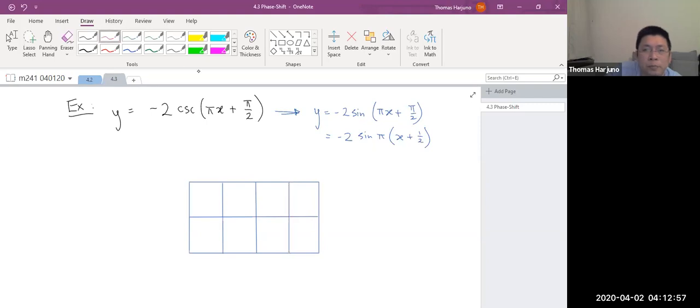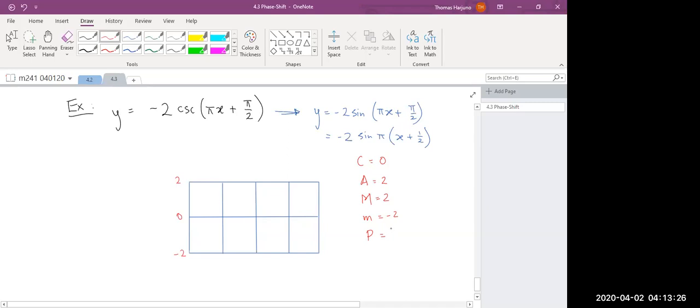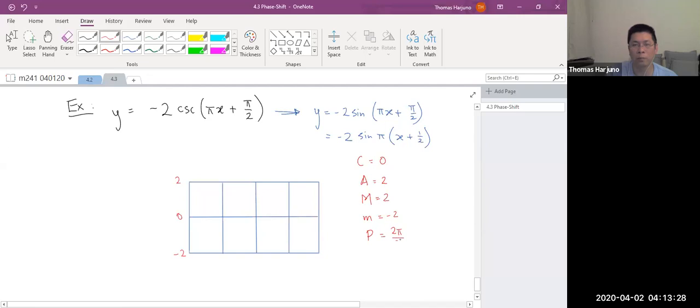So let's see. For this guy here, the center is 0, the amplitude is 2. So the maximum is positive 2, the minimum is negative 2. What's the period? It's 2 pi over pi, that equals 2. And the phase shift is negative 1/2, right?